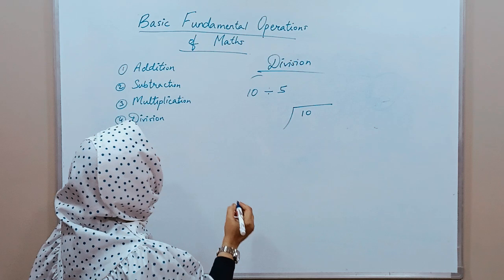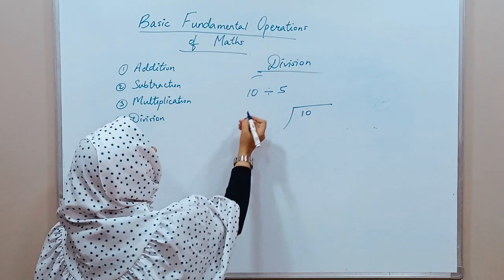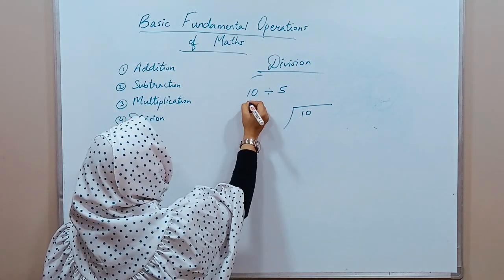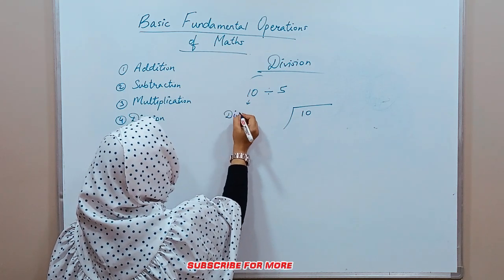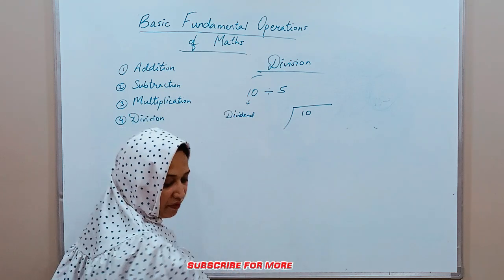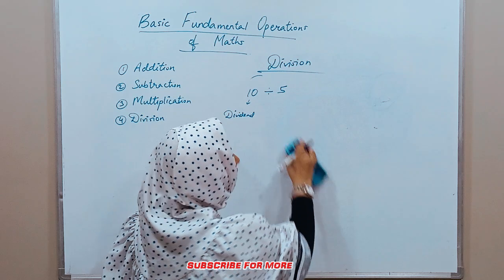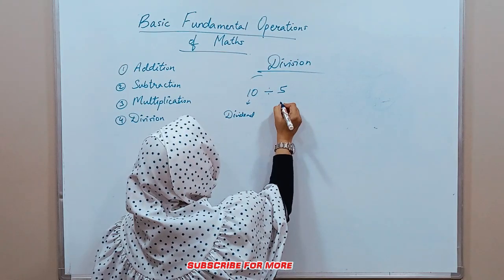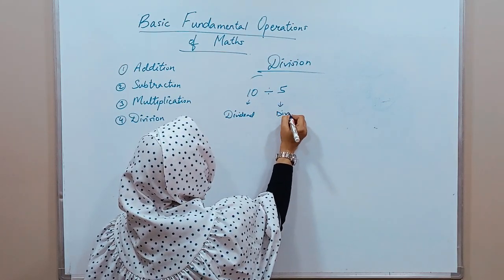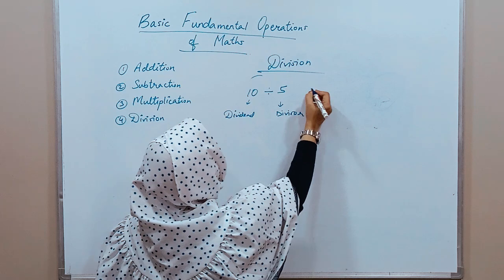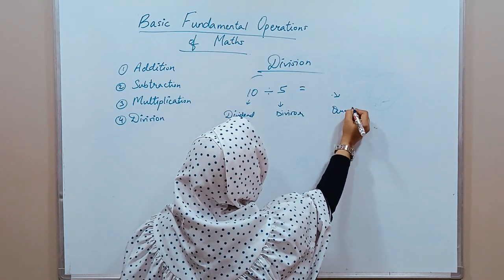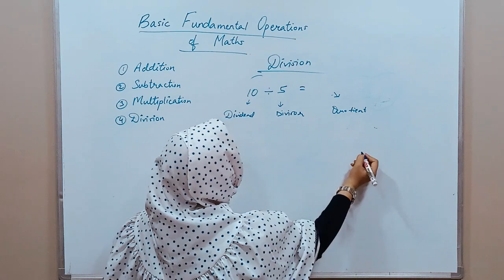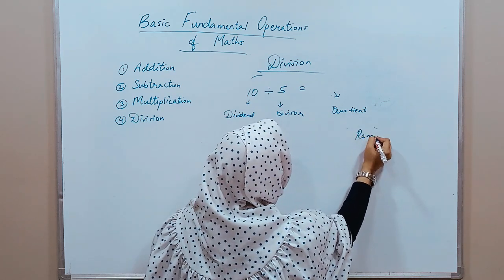Now we need to understand a few terms. 10 is your dividend, 5 is called the divisor, which will divide, and when you get the answer, it is called the quotient, and if we have something remaining, it is known as the remainder.